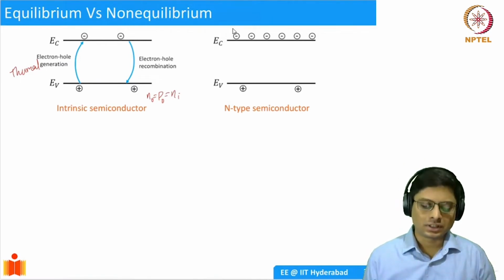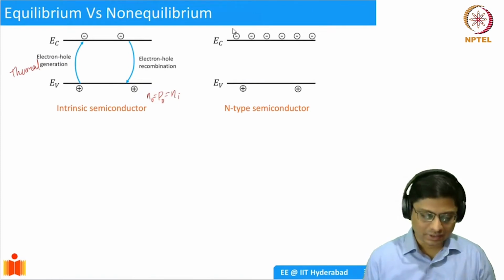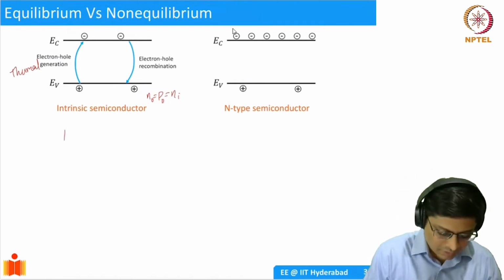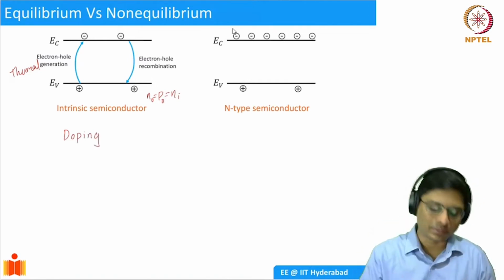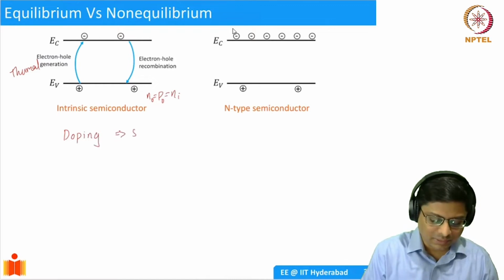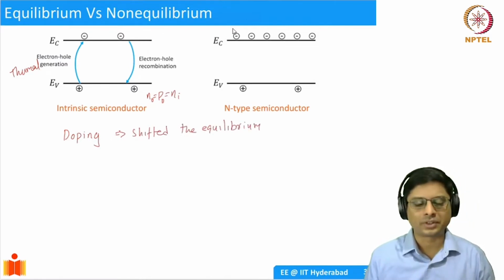Now, we also saw the cases of extrinsic semiconductors, wherein we used doping, and what doping did was shift the equilibrium, right? Therefore you have more electrons and fewer holes.